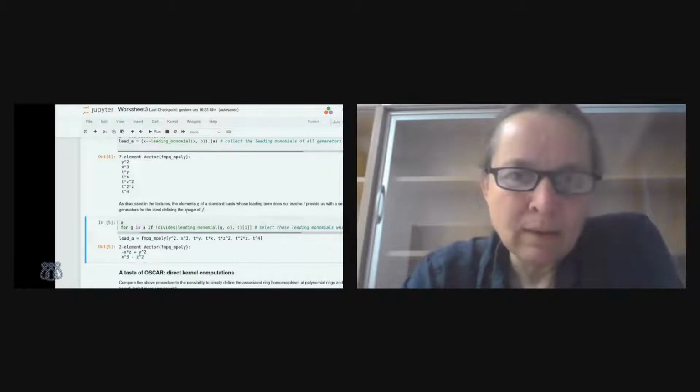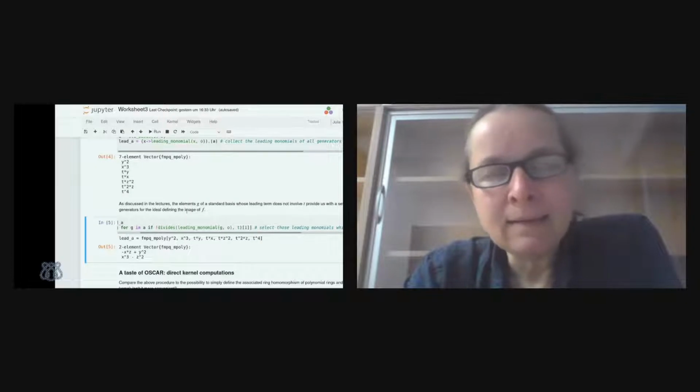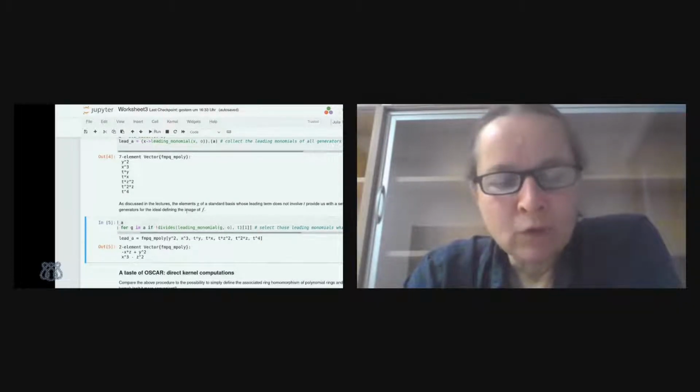And that is what you need for forming the standard basis so that in the end you get those generators. And as I said, on the X, you are free to choose a local ordering. Does that answer your question?